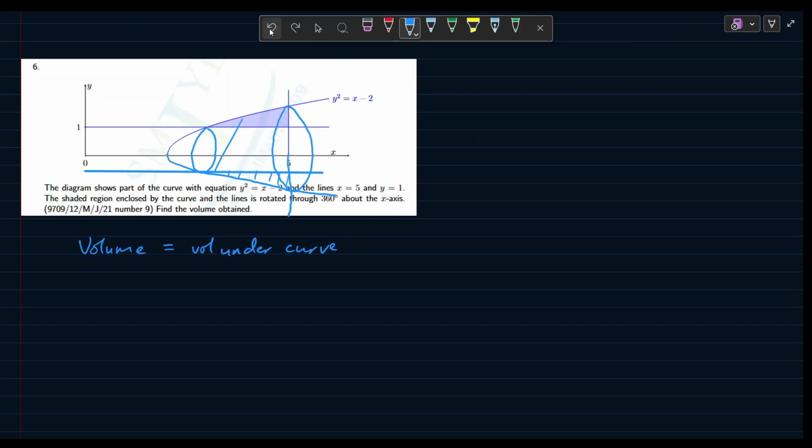So we're going to have to subtract the volume that's generated by the line, which is this volume that we have, which I hope that you can see forms a cylinder. So we need to subtract the volume generated by the line, which is just a cylinder.